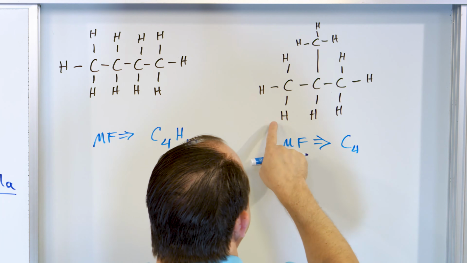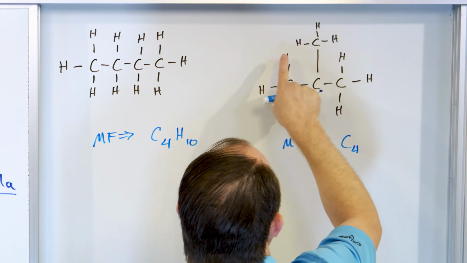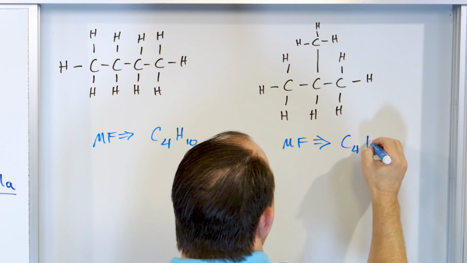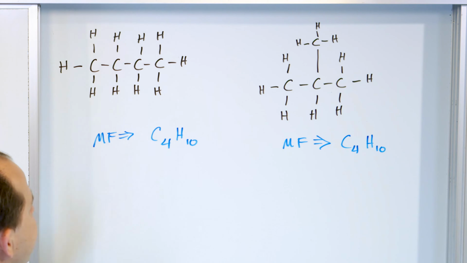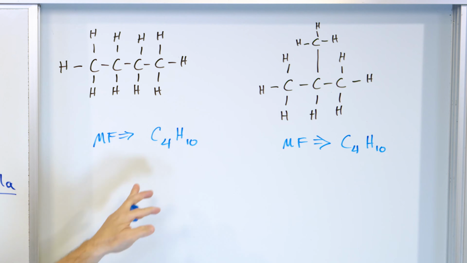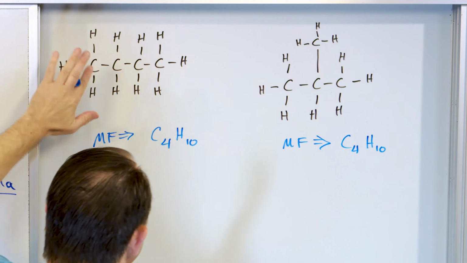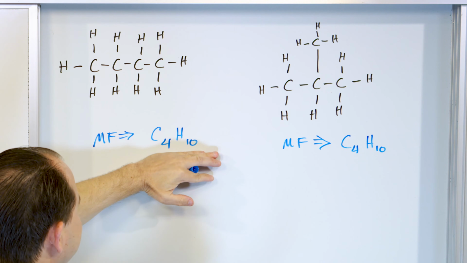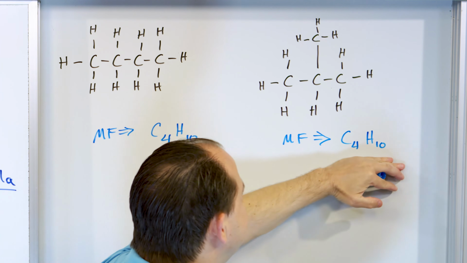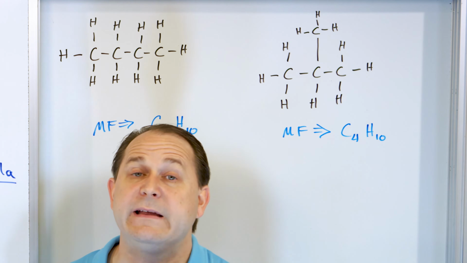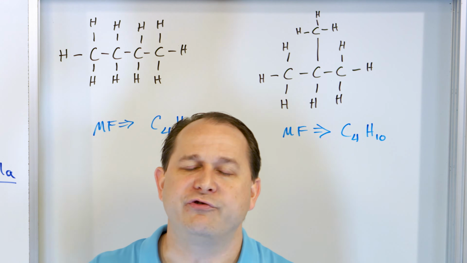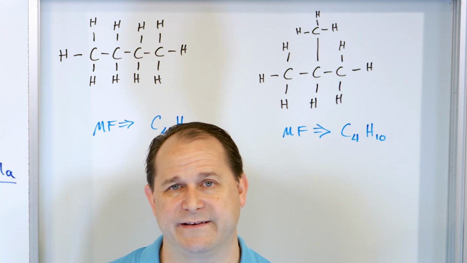And hydrogen 1, 2, 3, 4, 5, 6, 7, 8, 9, 10. Now look at this. These 2 different molecules have exactly the same molecular formula. If I never drew any of this on the board, then if you wrote this, you would see C4H10. You would write this, you would see C4H10, and you would think they are exactly the same. And when you're just counting atoms, they are exactly the same.